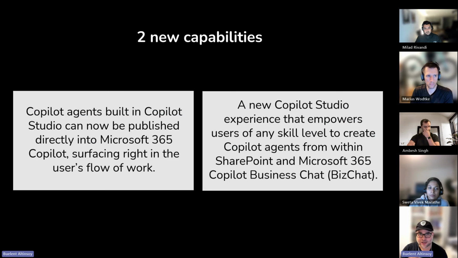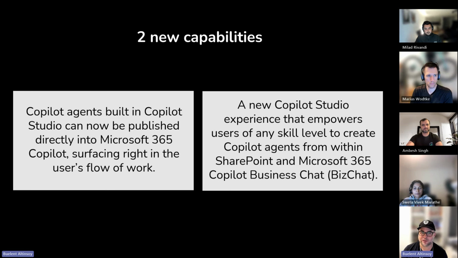Now, Microsoft has just released two new capabilities, which make it really interesting. The first one is that you can now publish it directly into Microsoft 365 Copilot. That means you stay in the same environment where you're working.